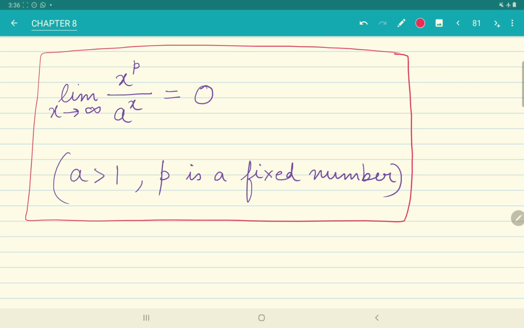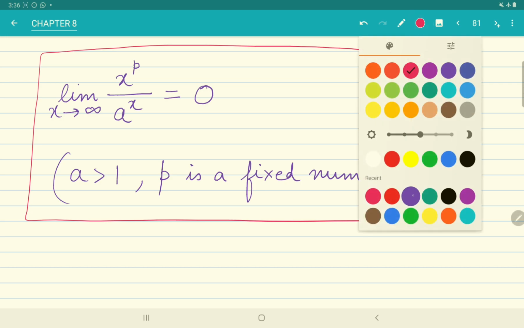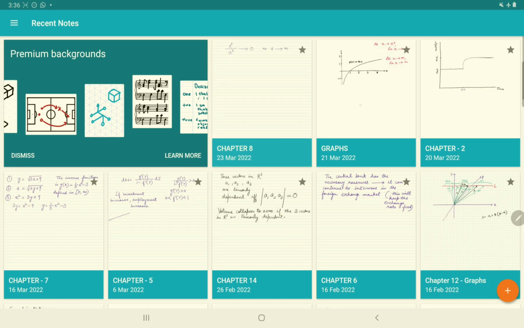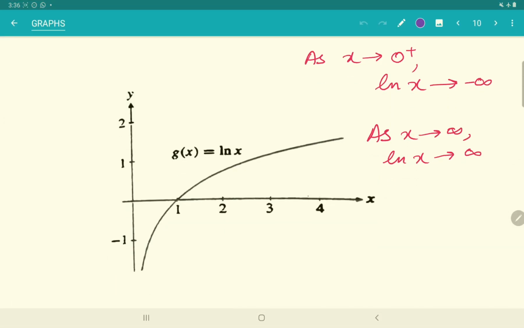And if we want to prove this, so basically what we are trying to say is that x raised to the power p divided by a raised to the power x tends to 0 as x tends to infinity. To prove this I can think of this diagram.